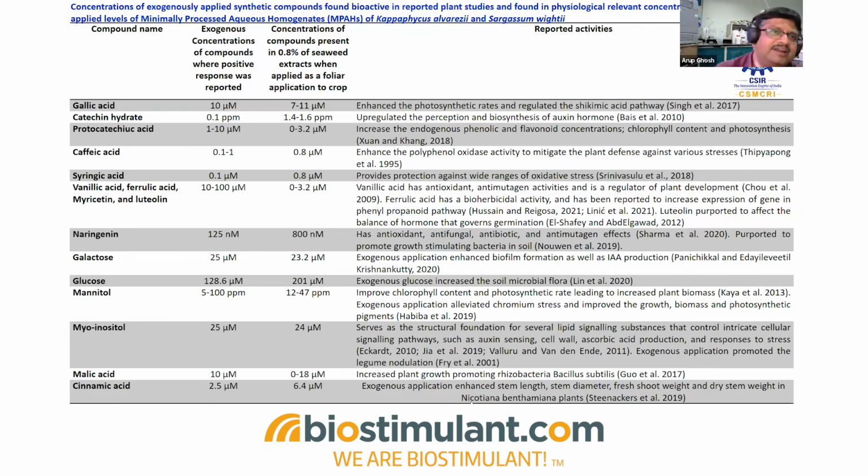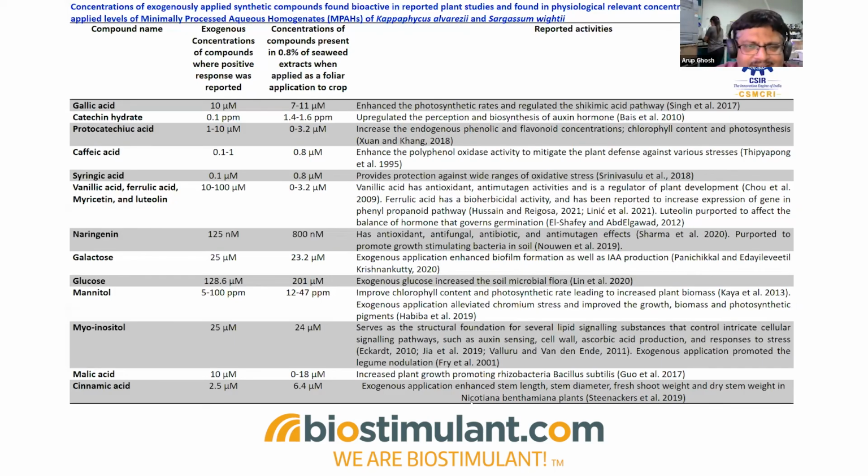For example, in literature, exogenous gallic acid has been found to enhance photosynthetic rates and regulate the shikimic acid pathway. We found that our biostimulant at the applied foliar concentration contains a comparable concentration, 7 to 11 micromolar or ppm.